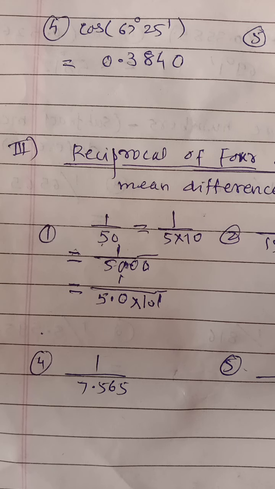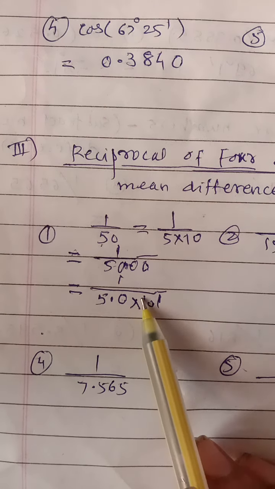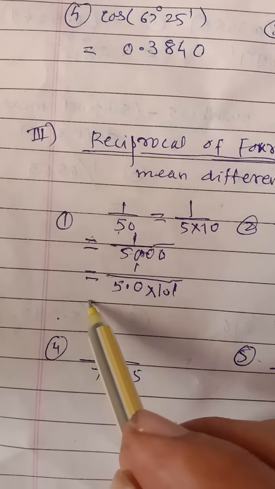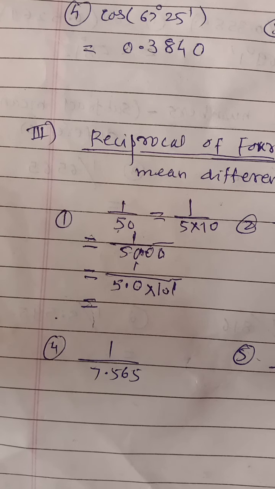And therefore once it is written, we will have to find out the reciprocal of 5.0. We will find it in the very first column, as there will be no mean difference.